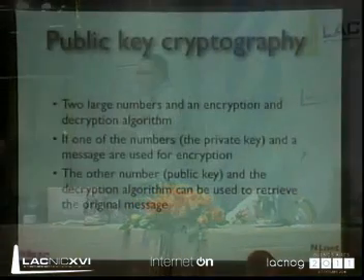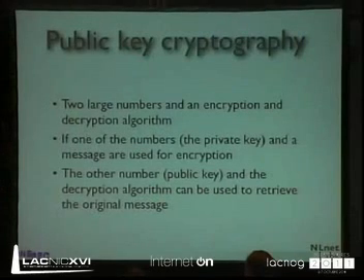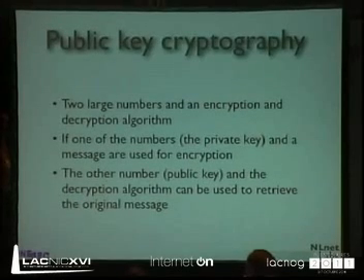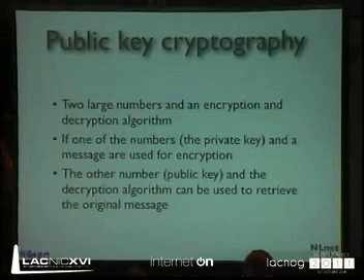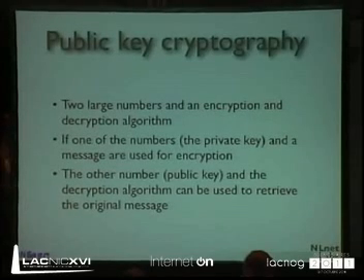It's based on mathematical properties. Essentially, you generate two very special numbers, usually combinations of primes and so on. And you say one of these big numbers is a private key, and the other big number is a public key. One of those numbers, the private key, you can use for encryption, and the other number, the public key, you can use for decryption using a very specific algorithm.